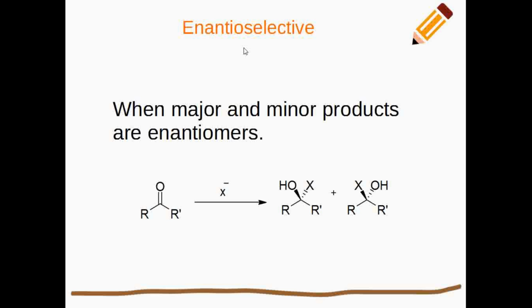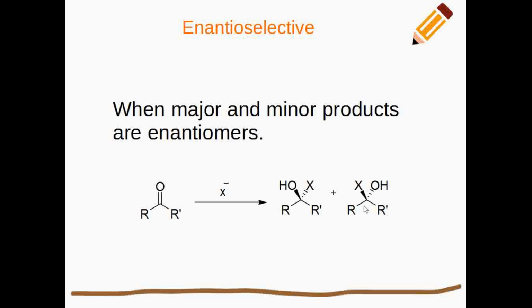What is enantioselectivity? When both major and minor products are enantiomers, we say the reaction is enantioselective. For example, here is a prochiral carbonyl compound, and when we add a nucleophile, we get two types of isomers, R and S, and these two are enantiomers.